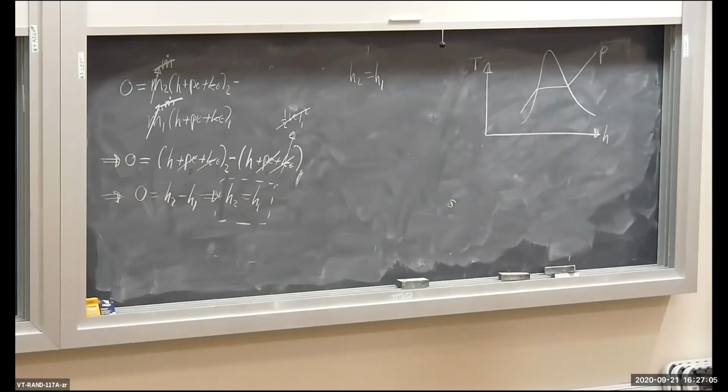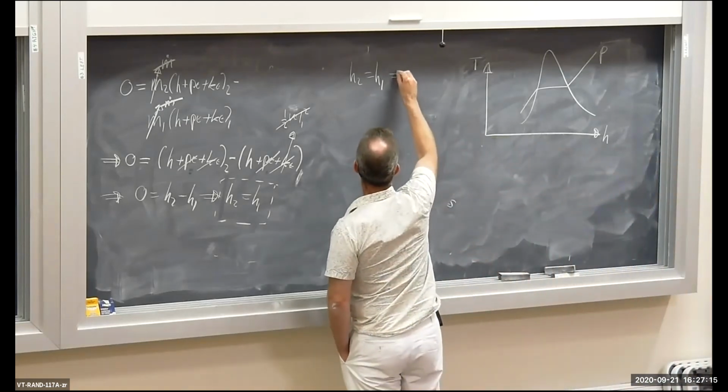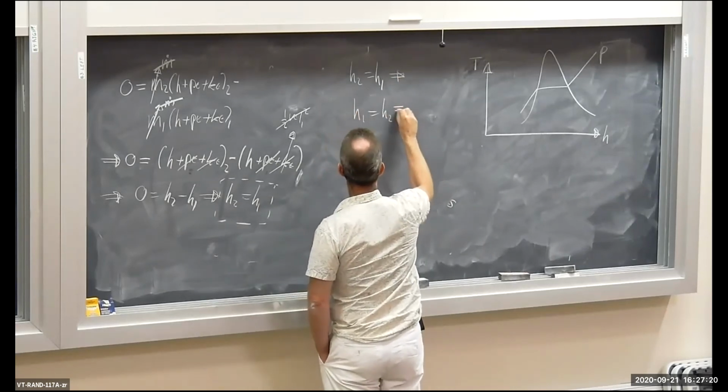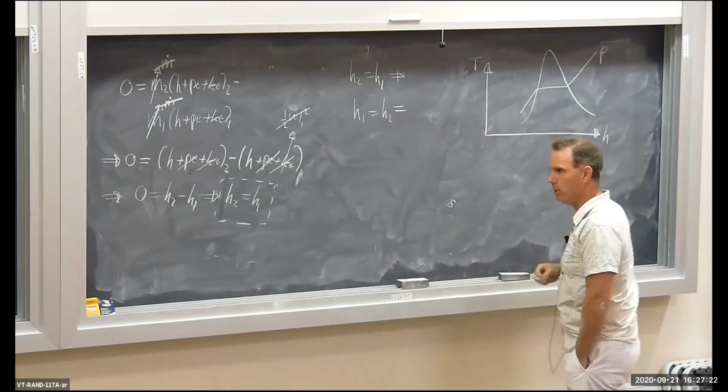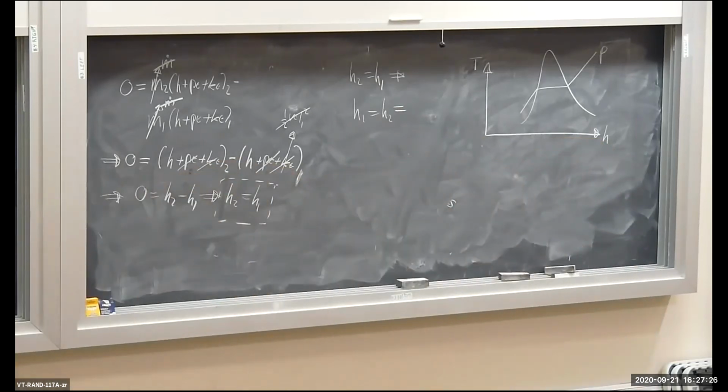Now remember, if we want to get the inlet quality for the wet steam, I need to know an enthalpy at the inlet. So this really tells me H1 is equal to H2. What's H2? Well, let's see if we can calculate an H2. Let's go back and look at our problem statement.